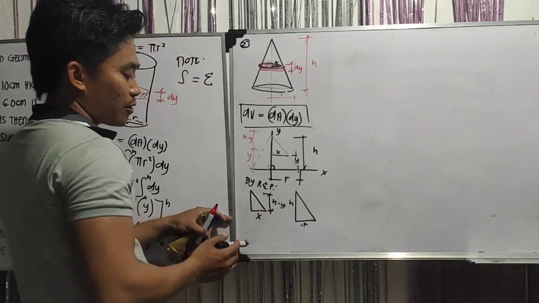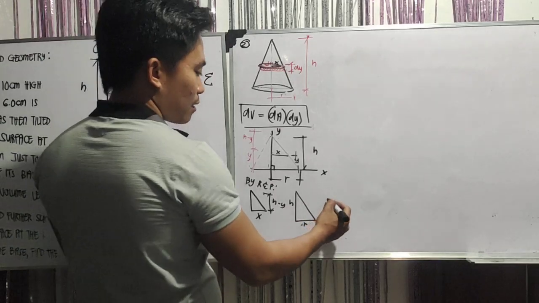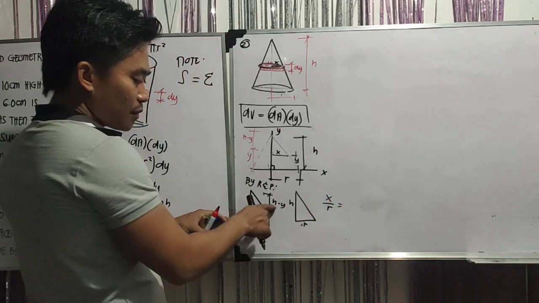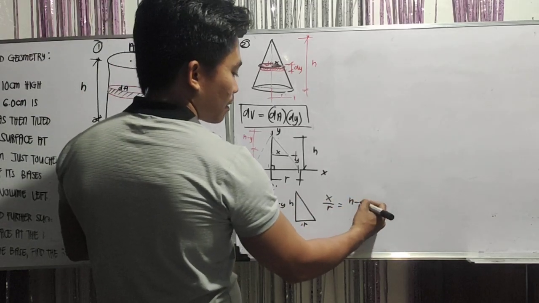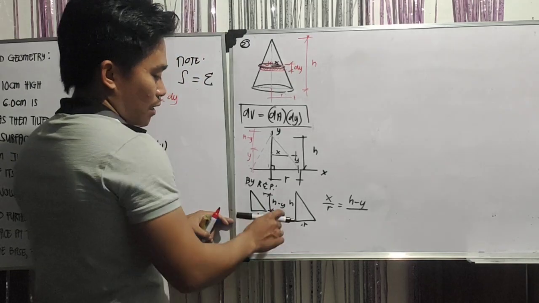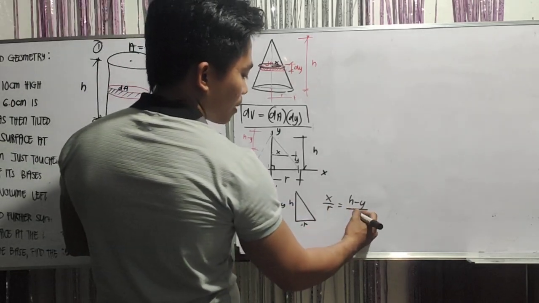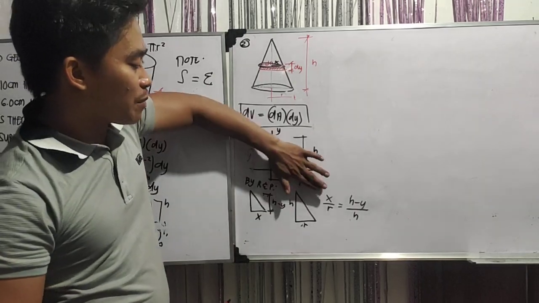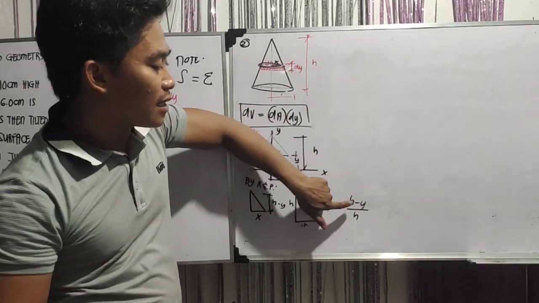So, by ratio and proportion, x over r is simply what? h minus y over h. Okay? Now, I will express this x in terms of r and h.